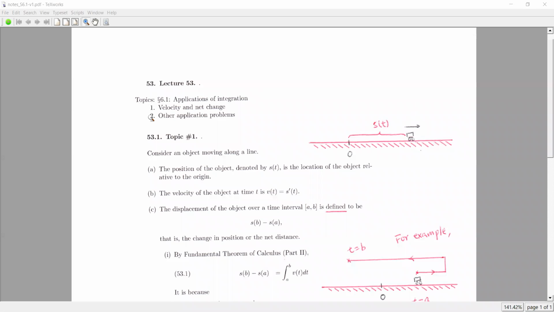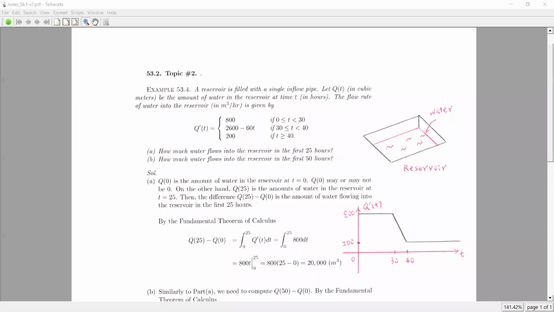Now, the second topic. In this topic, I present one example about other applications of integration. Example: a reservoir is filled with a single inflow pipe.